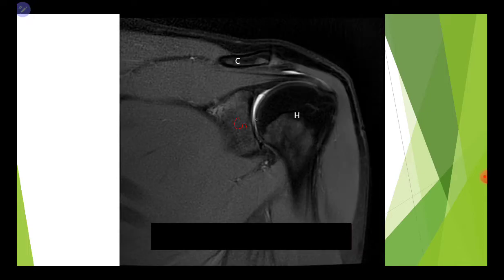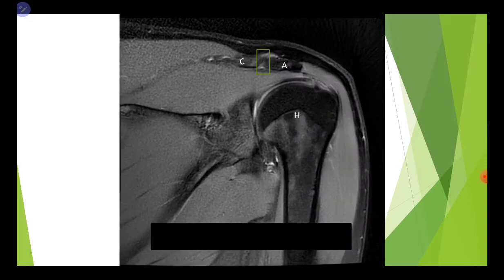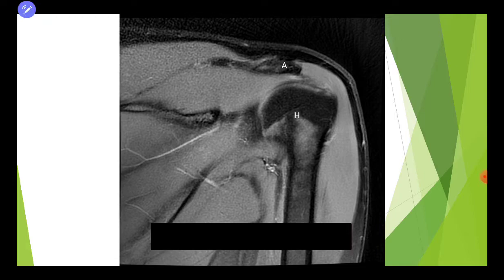This is the head of humerus, and this is the glenohumeral joint. This is the clavicle, and now we can see the acromion process and clavicle both forming the acromioclavicular joint. As we are moving backwards, we can see the spine of scapula which is ending into the acromion process.